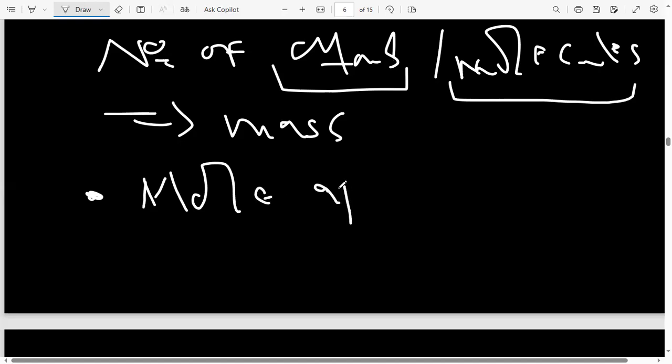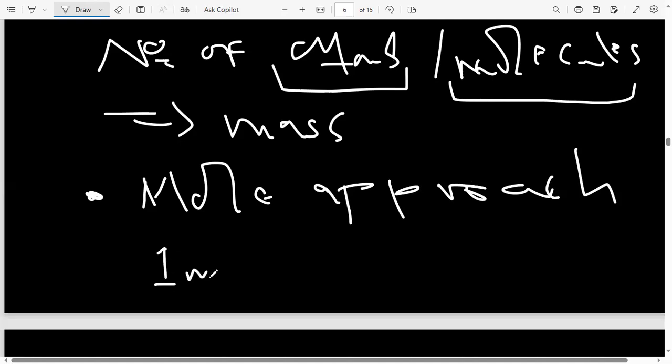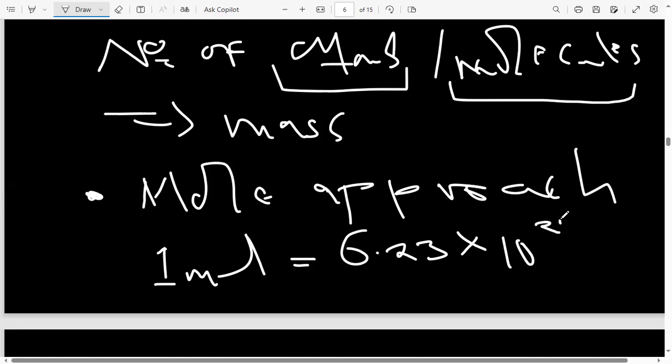Okay, so under this mole approach, you have to know the following conversion factor. You have to know that one mole of anything, of any particle, and that particle can be atoms, it can be molecules, it can be ions, or it can be electrons. So one mole of anything, you have to know that it contains 6.23 multiplied by 10 to the power 23 particles.